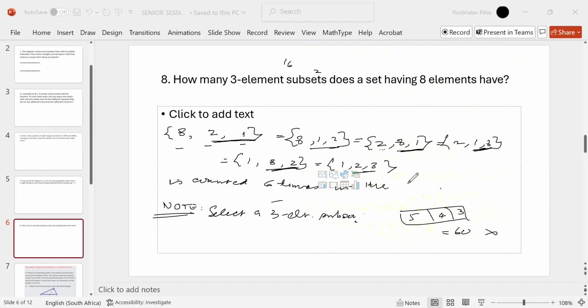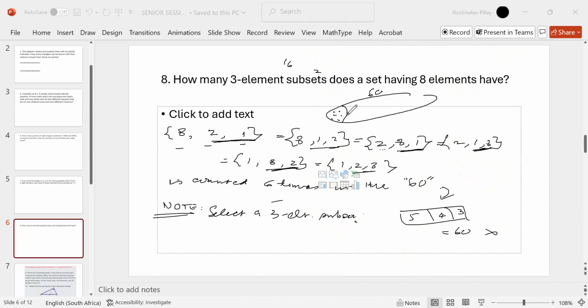In the 60 that we saw below, every time you have a triple, that is counted 6 times. So what's happened here is your 60 count. If you put them all in a group like this, the 8, 2, 1, there are 6 of these here, right? But you have to count this thing only once. You're not allowed to count all these.